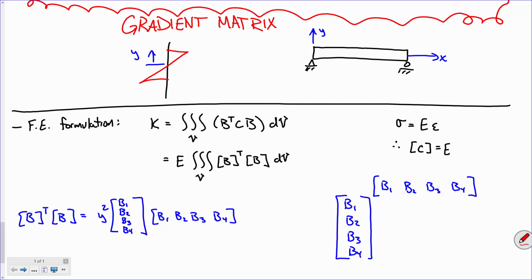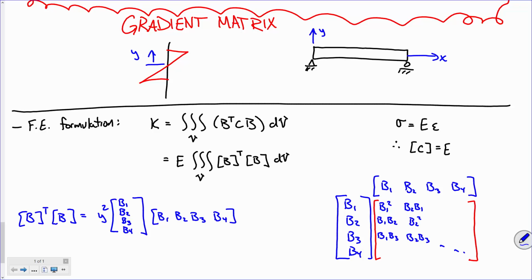Then I look at my answer. I've got B1 squared, B1 B2, B1 B3, etc., right? Then I might have B2 B1, B2 squared. Y'all see how I'm doing that? And so on, right?